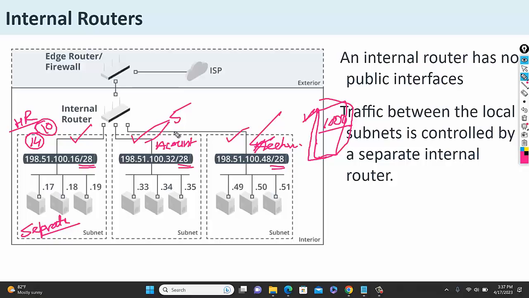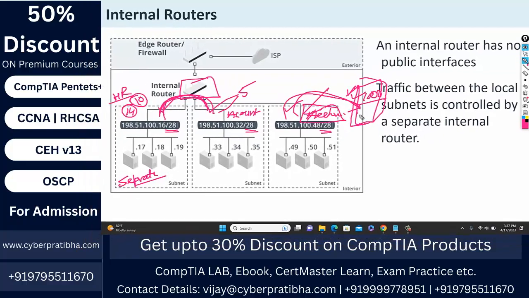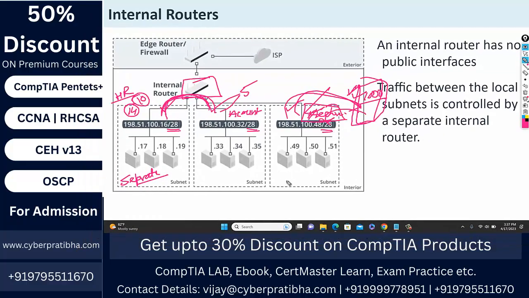But now the question is this: if every network is separated, why do I need a router? Sometimes we want to communicate between two networks, either these to these, or these to these. Like the tech department is required to manage all these networks, so it is necessary that the tech department can communicate with this network and with this network, because there is also a server inside the network.